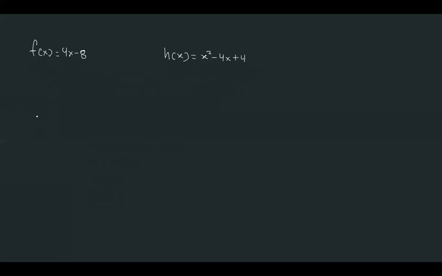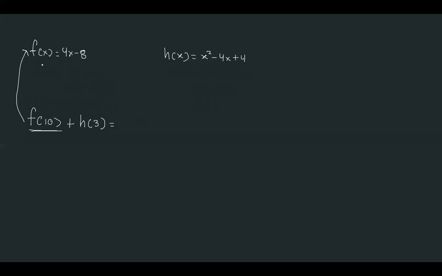So what if we are asked to find f of 10 plus h of 3? It's up to you what method you're going to use. I'm going to use the second method, all right? So first, I'm going to find f of 10. I'm going to use this function, of course.